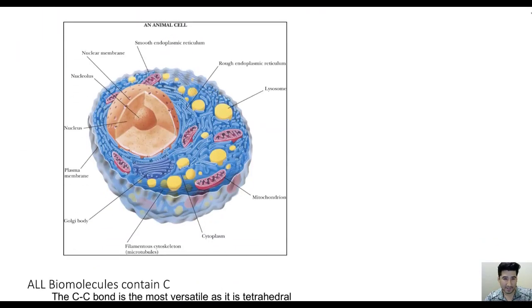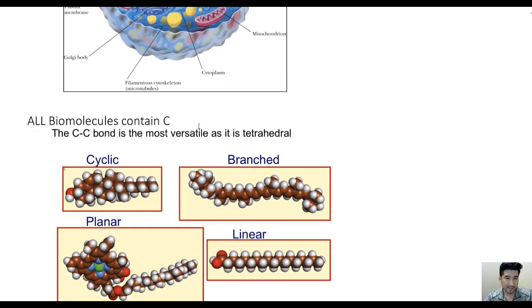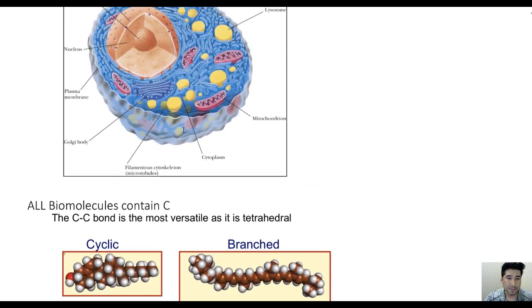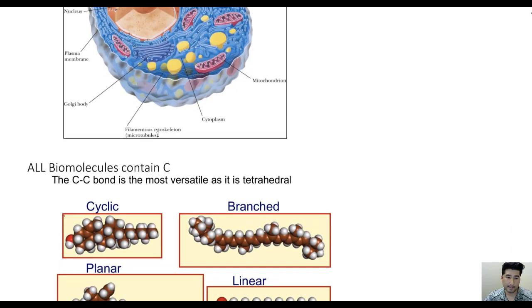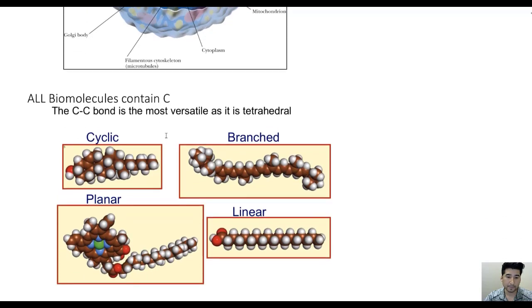Alright, another animal cell. I don't know why I included it there, but there it is. Oh, here's why. If you look at the cell wall, the plasma membrane, you should know from Bio 1 and Bio 2 that it's made out of a bunch of phospholipids, and phospholipids, as you well know, contain a lot of carbon, hydrogen, oxygen, and phosphate, or phosphorus.